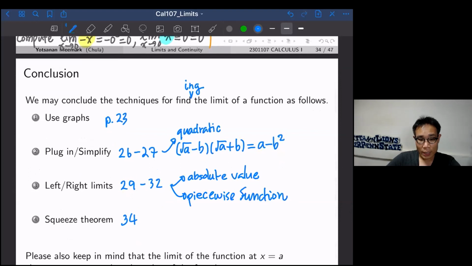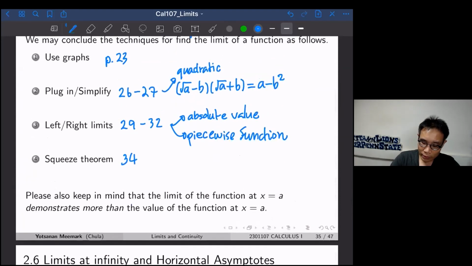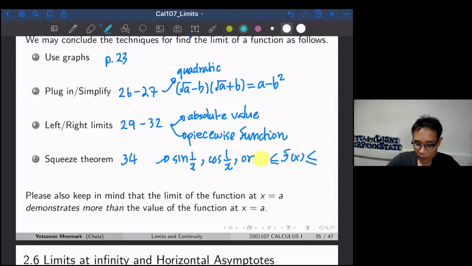And for the squeeze theorem, it's going to be the function that you're going to see, sine 1 over x, cosine 1 over x, something like this. Or you see f of x lies between two functions, the yellow one and the blue one, as we have seen.